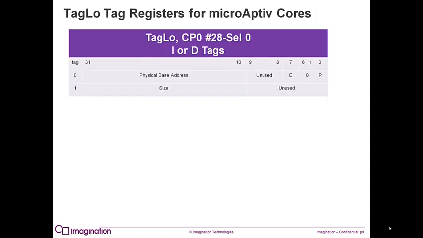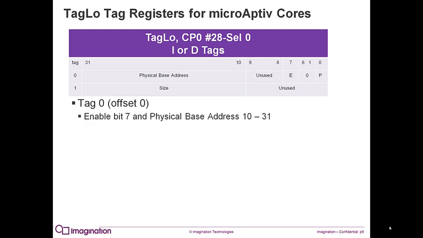For microAptiv core, the cache instruction will use the tag low register to read or write both the instruction and data tags. Each cache RAM block contains two tag registers.